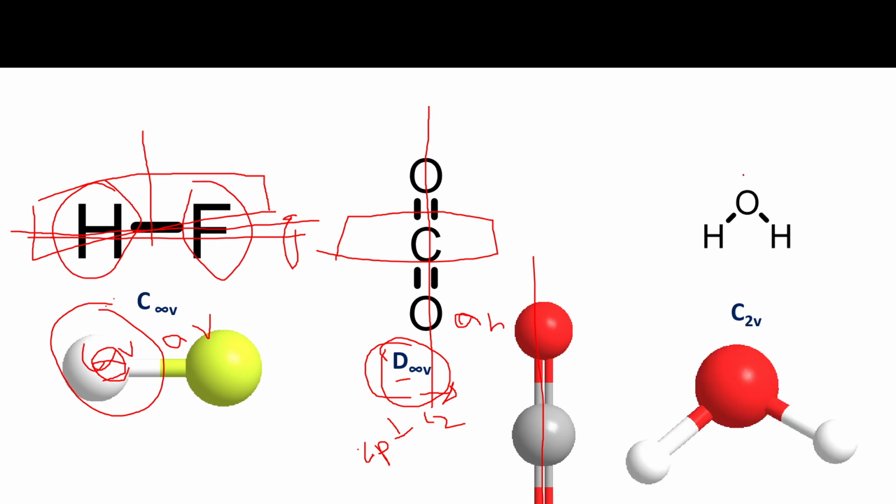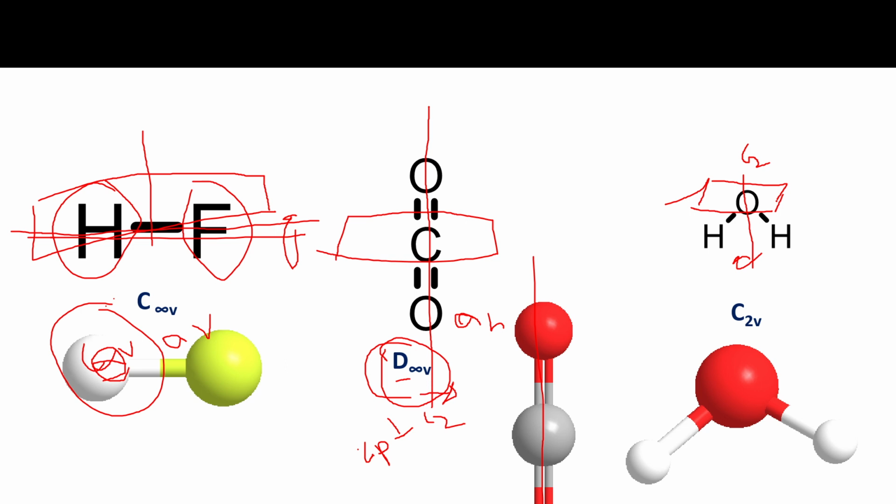Similarly for water molecules, what symmetry is present? If you rotate this molecule 180 degrees, that is a C2 rotation. Is there a sigma h present or not? There is no sigma h present in that molecule, so D is not coming. And is there multiple C2 present or not?